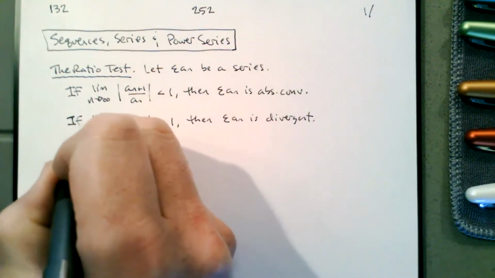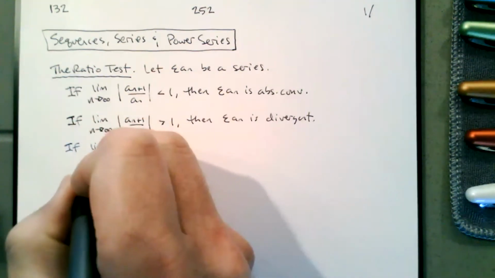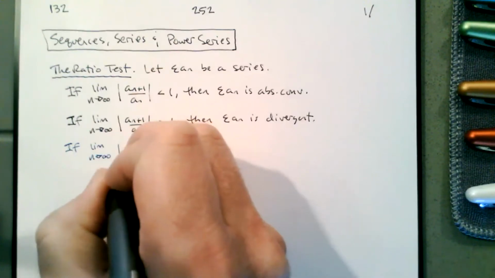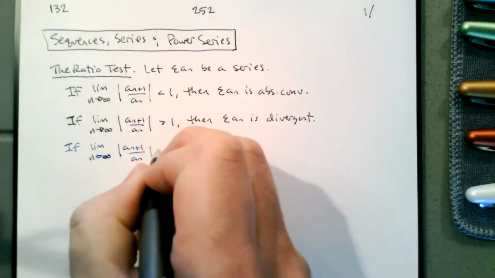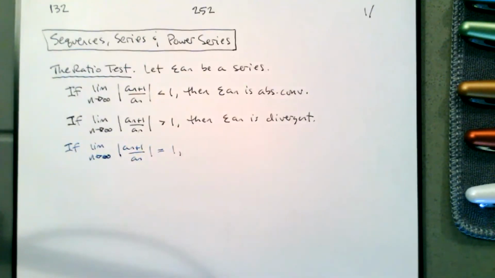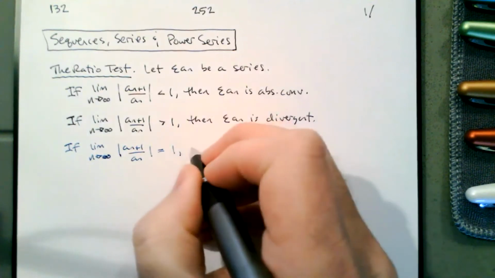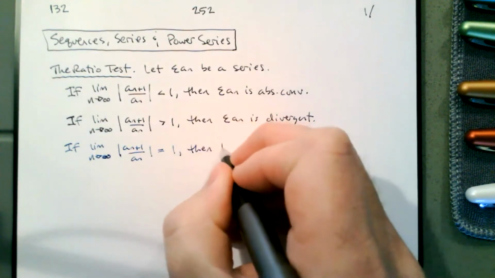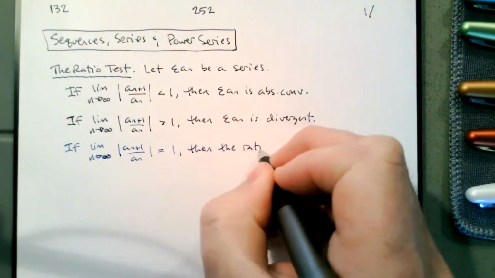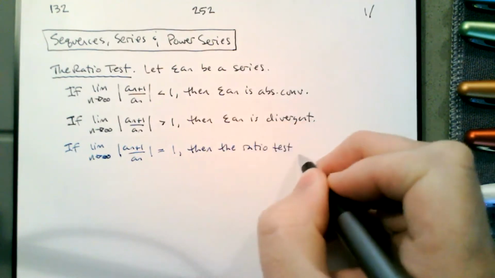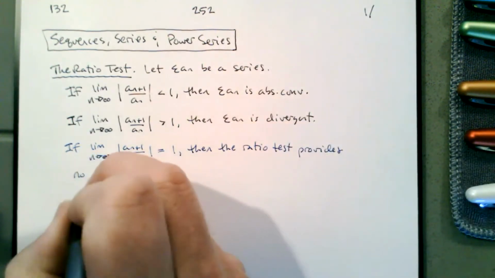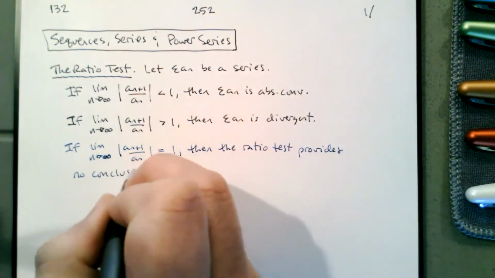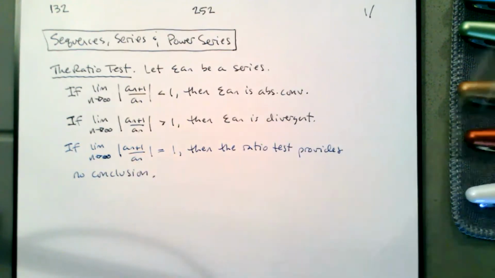So if the limit as n goes to infinity of the absolute value of AN plus 1 over AN is equal to 1, then the ratio test will provide no conclusion. This does not mean that you just stop and say no conclusion.